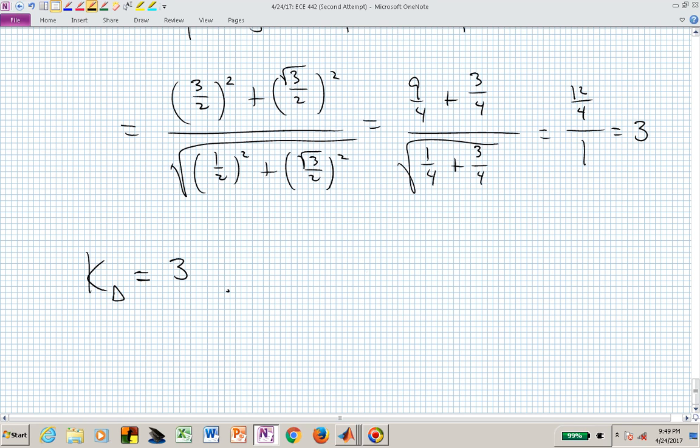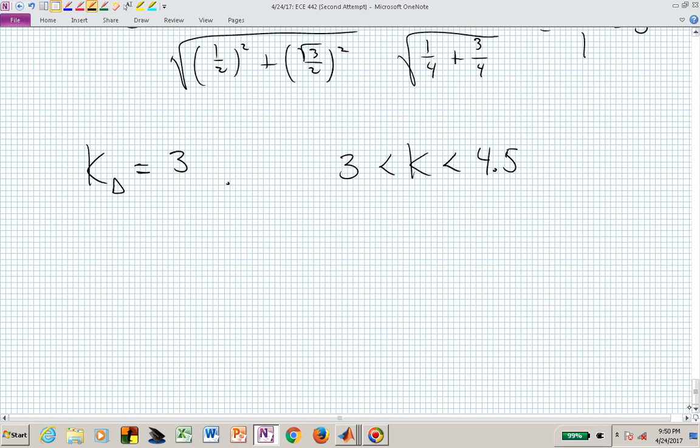Meaning we can now have a stable system as long as k, for that choice of pole and 0 in our controller, which had an unstable pole in the controller, is between 3 and 4. And it could be that we like our easy choice of having a deadbeat response when k was equal to k star.